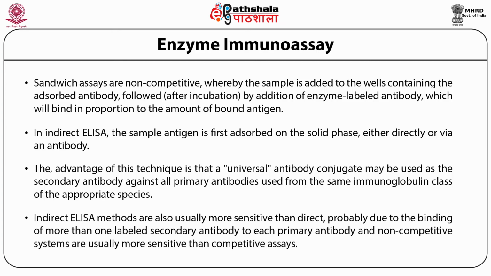Indirect ELISA methods are also usually more sensitive than the direct, probably due to the binding of more than one labeled secondary antibody to each primary antibody, and non-competitive systems are usually more sensitive than the competitive assay.